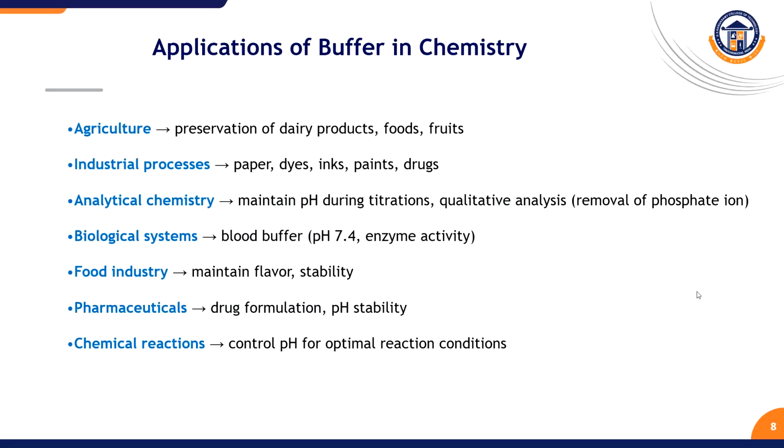What are the applications of buffer in agriculture? Preservation of dairy products. In food materials, we can take milk. The milk is an emulsion which is very sensitive to pH.